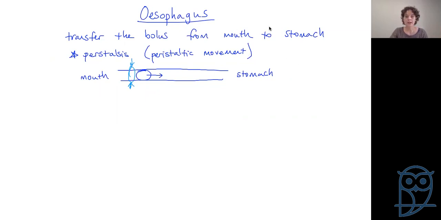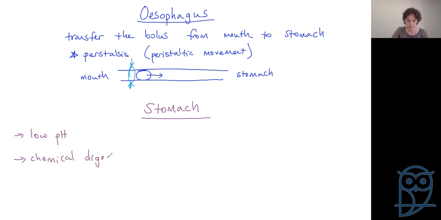Right, so we go down the esophagus and we get to another color for the stomach. So here we have another range of things going on. We've got high hydrochloric acid. So we have a low pH. We have chemical digestion.